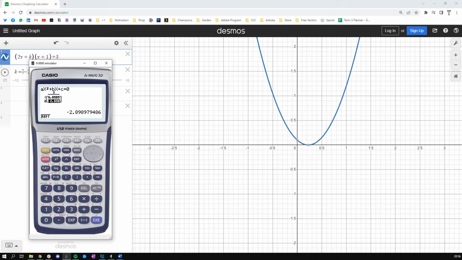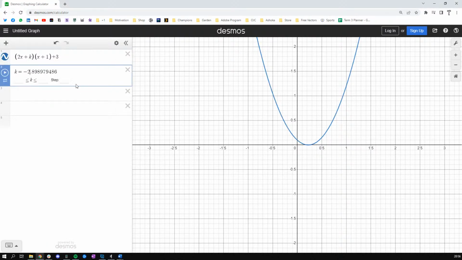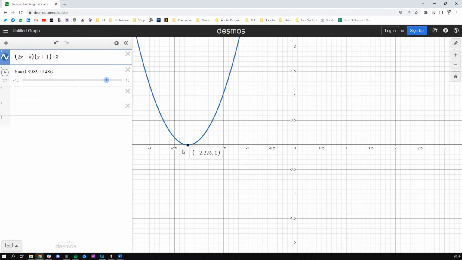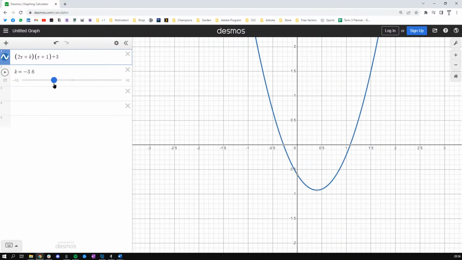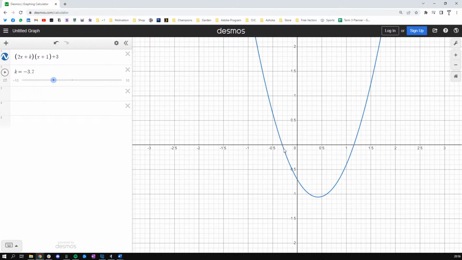Now our other answer was 6.8989. So I'm going to get rid of that negative 2 and replace it with 6. And there is my other one where it has one solution. So for these 2 values of k, we get one solution. But if you have any other value for k, then you're going to end up with no solution or 2 solutions.